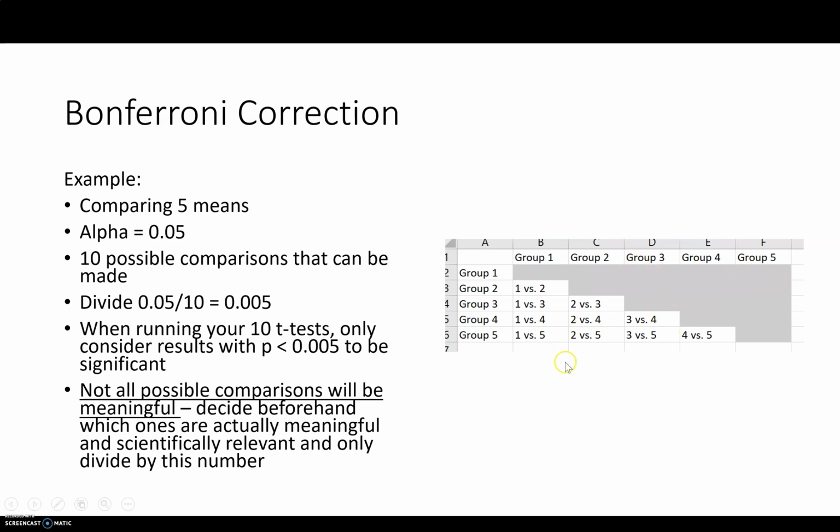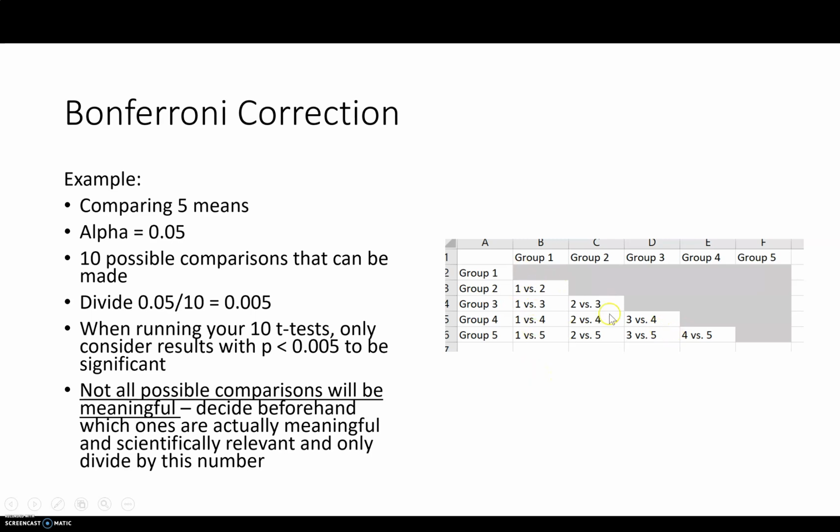So with 5 different groups, you can do group 1 versus 2, 1 versus 3, 1 versus 4, 1 versus 5. And now we can blank out this row here because we've already got 1 versus 2 right here, 1 versus 3, etc. You can do that with these other rows. And you're also blanking out this diagonal because you're not going to be comparing group 5 with group 5, group 4 with group 4. That doesn't make sense. Okay, so you've got 10 possible comparisons left.